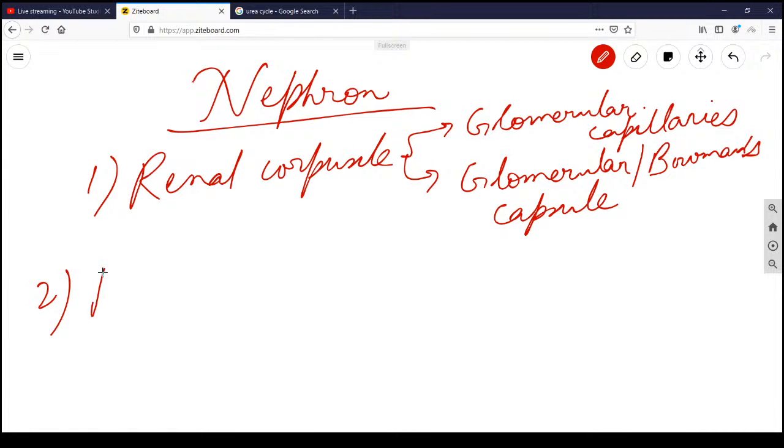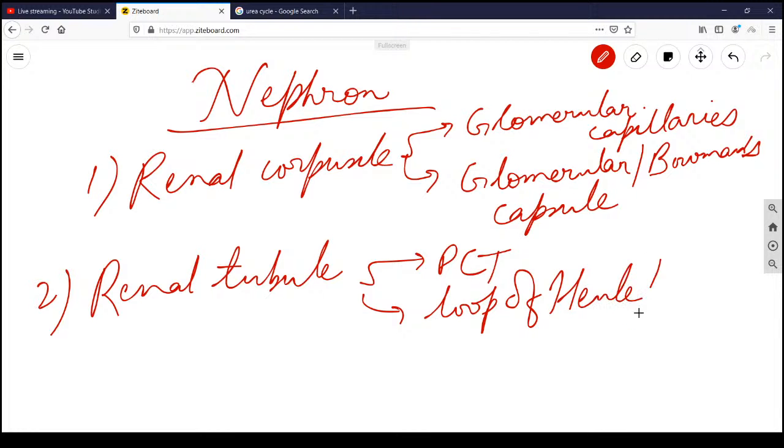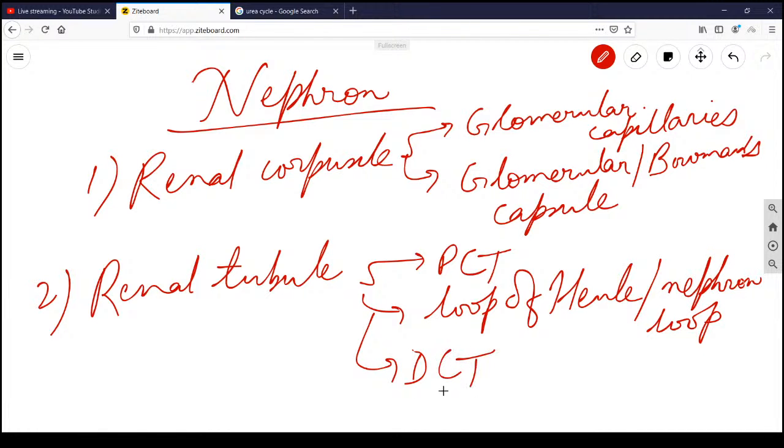Then renal tubule. This is proximal convoluted twisted tubule, then loop of Henle or nephron loop, also known as nephron loop. Then DCT, distal convoluted tubule. So the other name of nephron is nothing but uriniferous tubule.